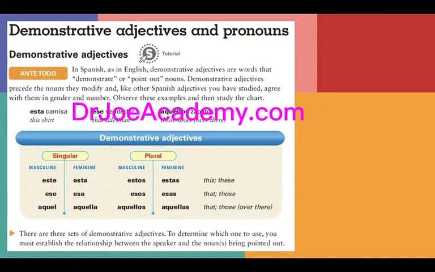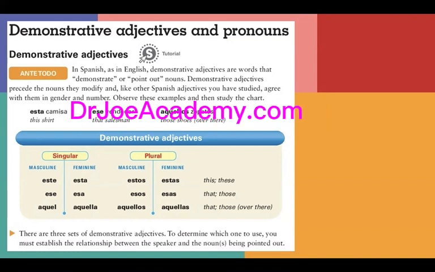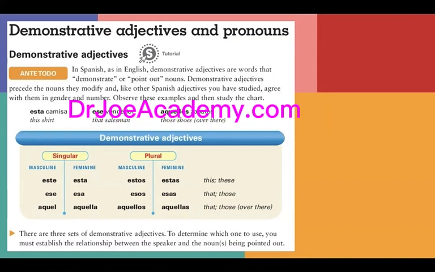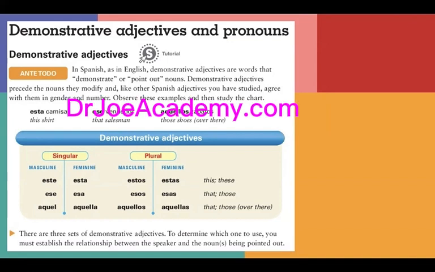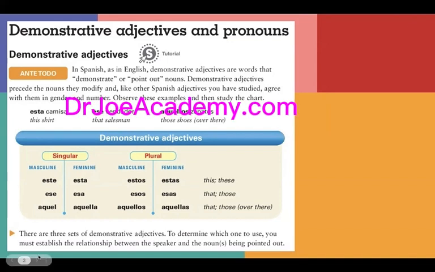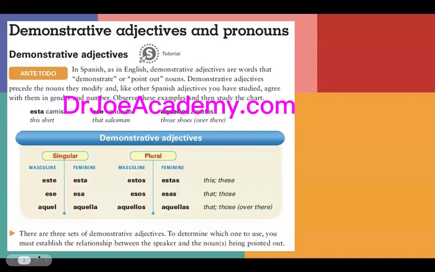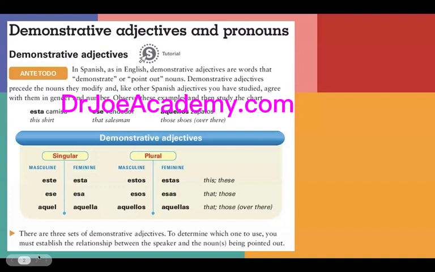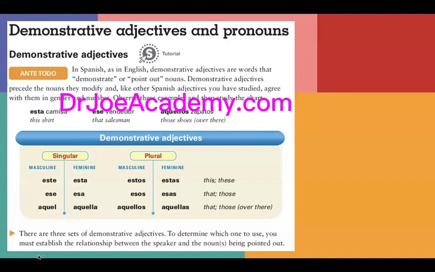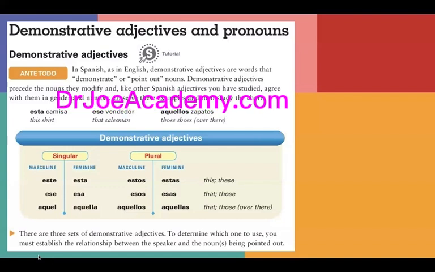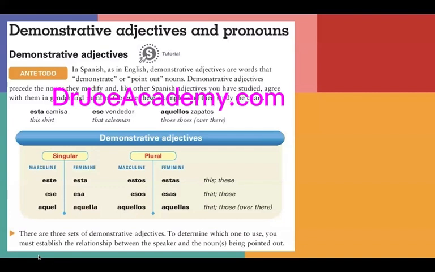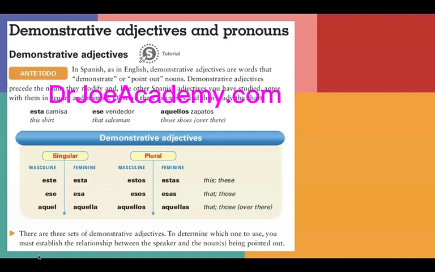Now, zapatos is which gender and which number? Is it plural, singular? Is it masculine, feminine? Which one? For zapatos. Estos zapatos.